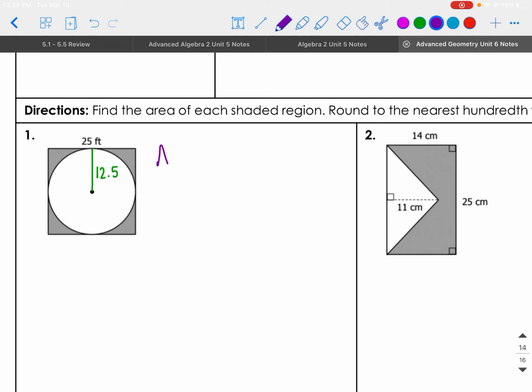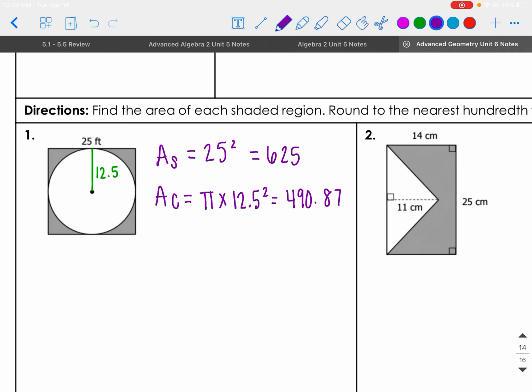Right, so I'm going to find the area of the square first. 25 squared. That's 625. And the area of the circle is pi times r squared. So pi times 12.5 squared, which is 490.87.